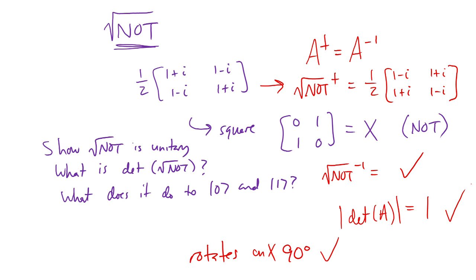It's just 1/2 times 1 minus i, 1 plus i, 1 plus i, 1 minus i. Is that right? And what's its inverse? Same thing. Okay. What's the determinant of the square root of NOT? Same thing, right? Cool.